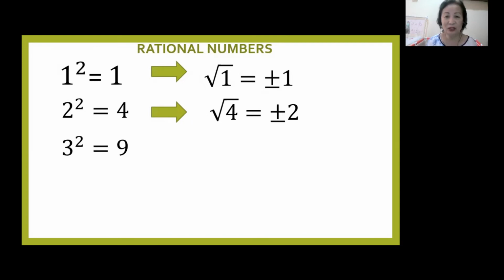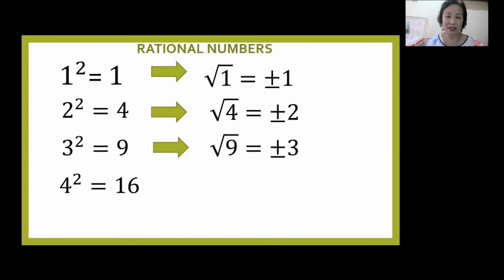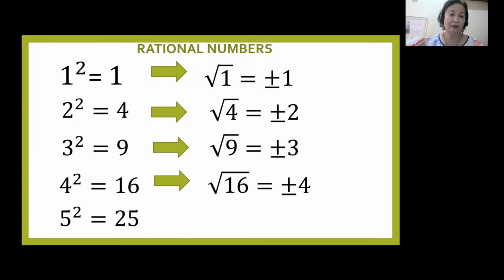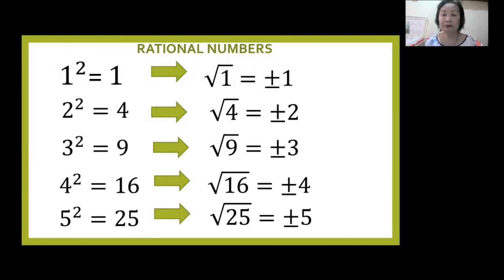You can write it also as square root of 9, and that is equal to positive and negative 3. 4 times 4 is 4 squared equals 16, could be written as square root of 16, and that is equal to positive and negative 4. 5 times 5 is 5 squared, and 5 squared is equal to 25, which is written in radical form as square root of 25, and that is positive and negative 5.